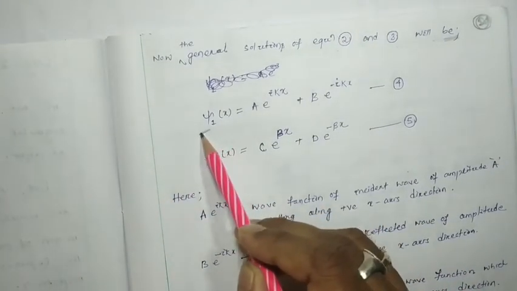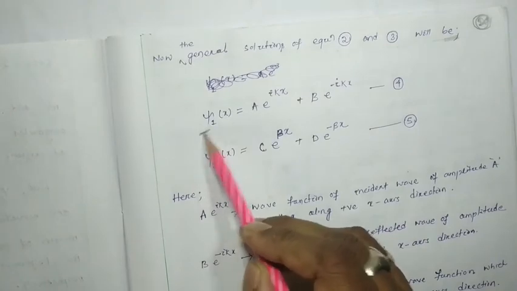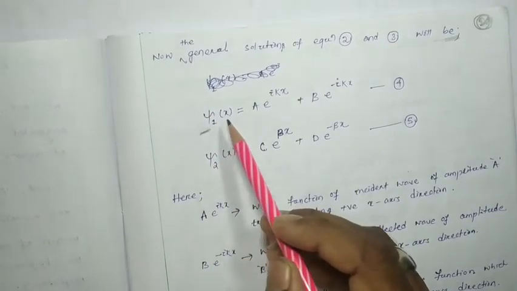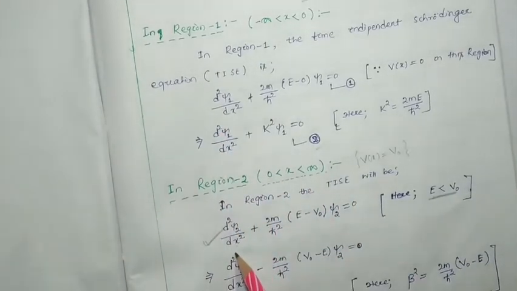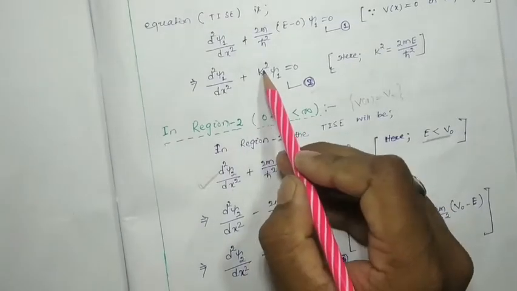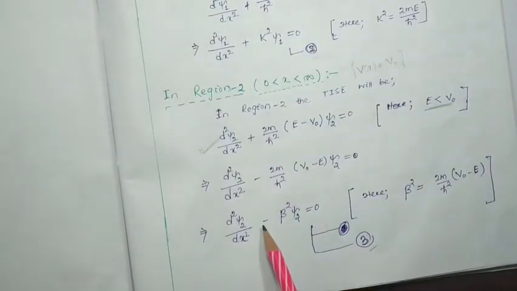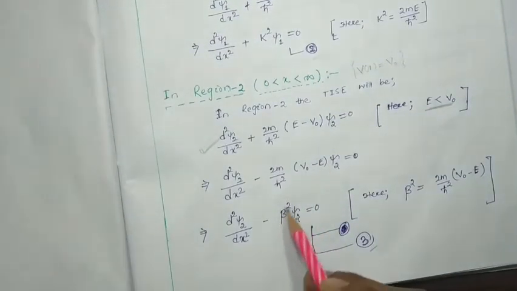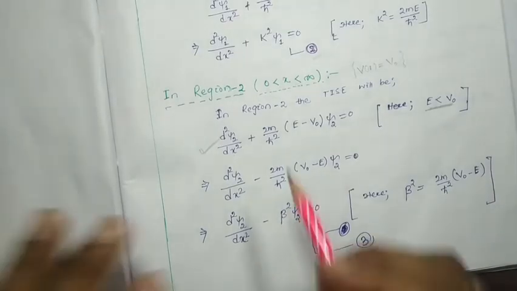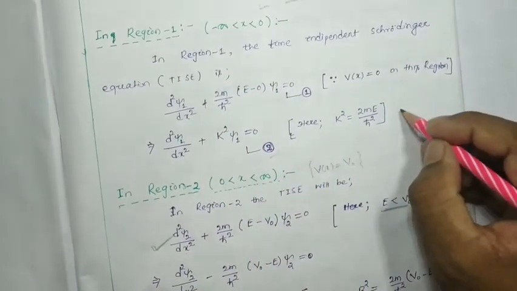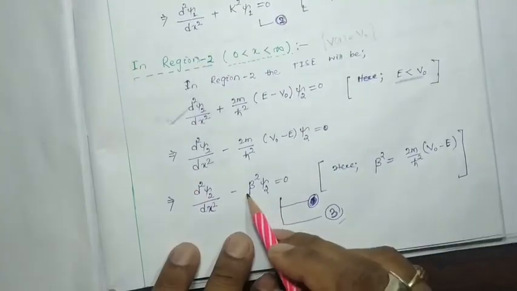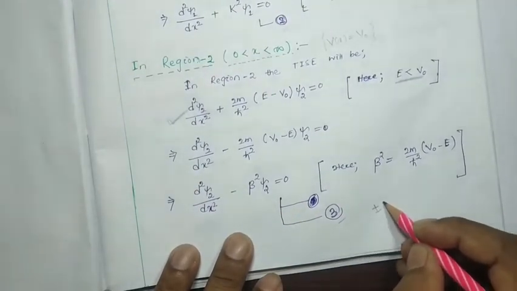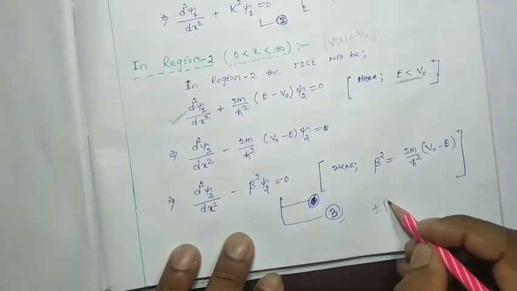For region 1 the wave function psi 1(x) will be the general solution, because it is written in d square psi 1 by dx square, but here d square psi 2 by dx square, and here it is plus k square, here minus k square, minus beta square. Here the two roots will be plus or minus ik, but here the two roots will be plus or minus beta.